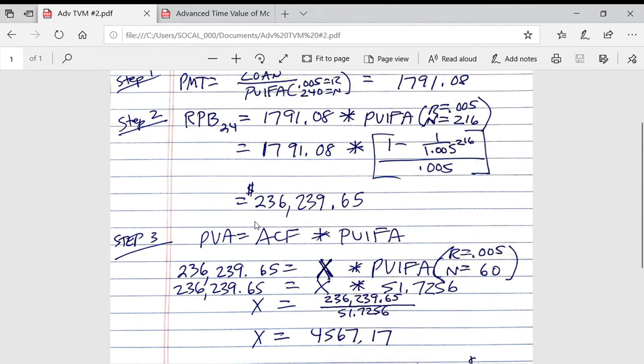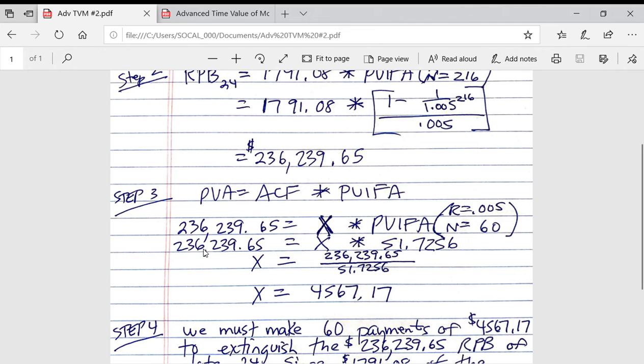And the way we set this up, the annuity cash flow there is just X. Okay, call it X for the moment. And the PVIFA has an opportunity rate of return R of 0.5% a month, 0.005, and an N value, number of cash flows in the annuity, of 60. So we're solving for the value of X, which would be a total payment made at each of dates 25 through 84 that would allow us to extinguish this loan balance in 60 payments.